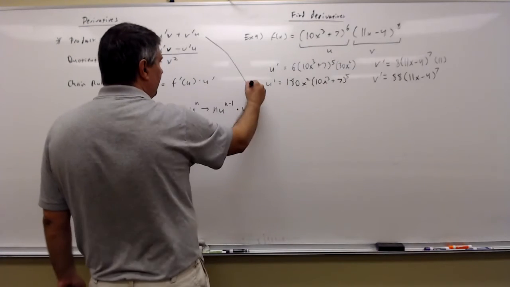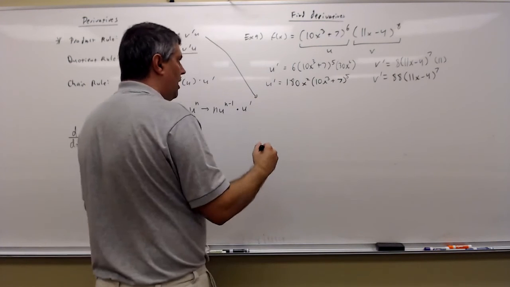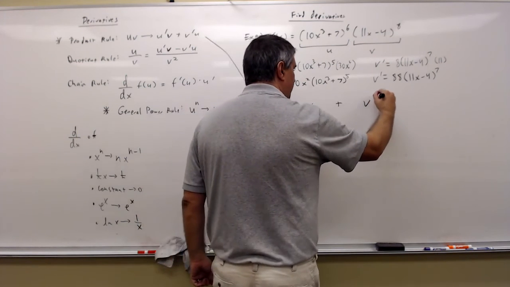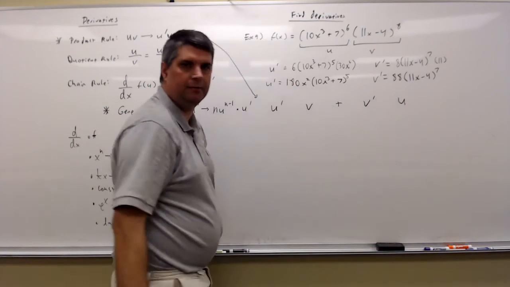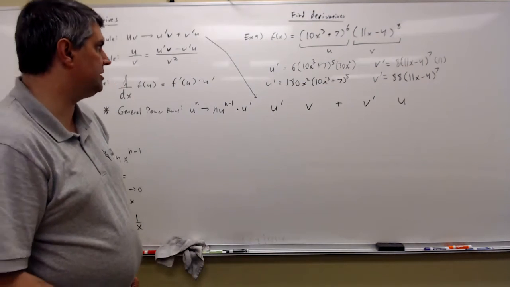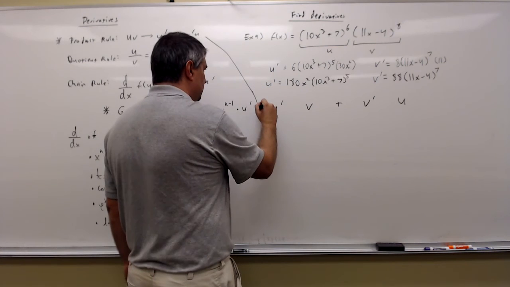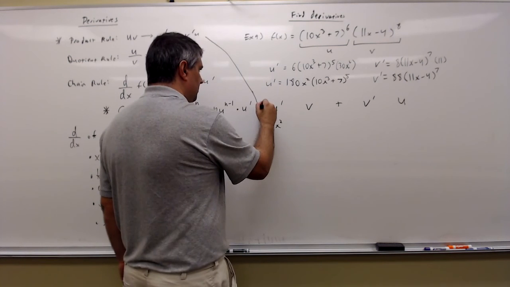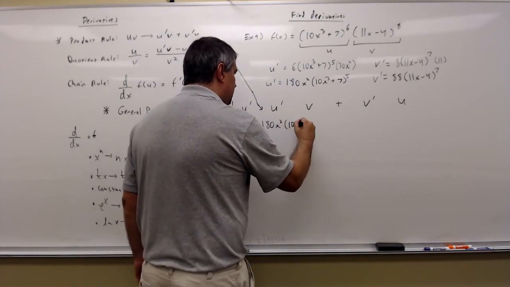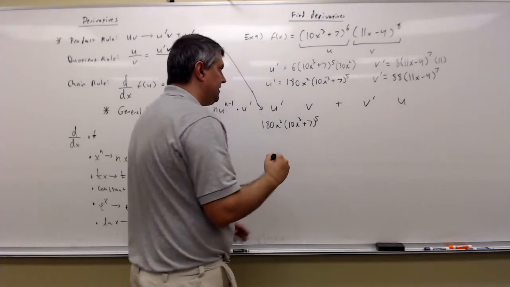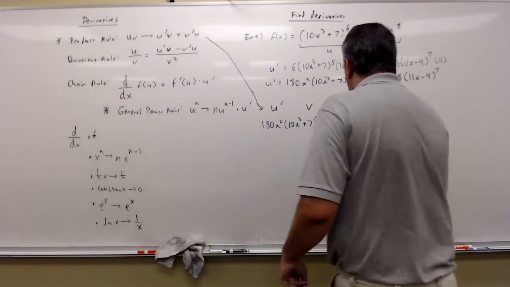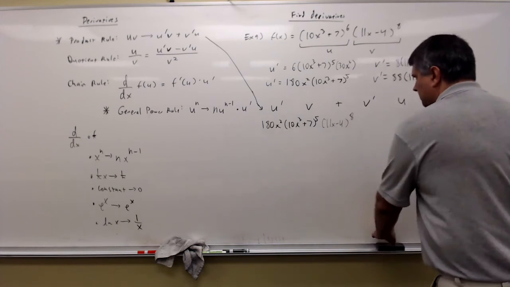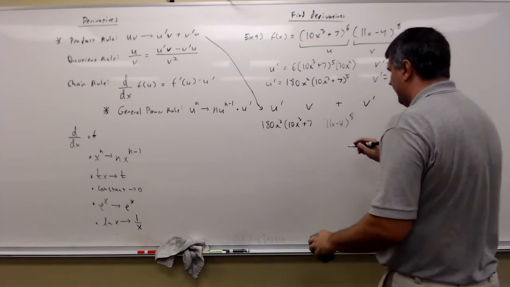So you have to be careful about this. We're going to be following the product rule here: u prime v plus v prime u. I'm going to be using a lot of space for this because these aren't short. So u prime is 180x squared times 10x cubed plus 7 to the 5th. That's just u prime. Don't forget v, 11x minus 4 to the 8th. For clarity's sake, I'm going to move things.